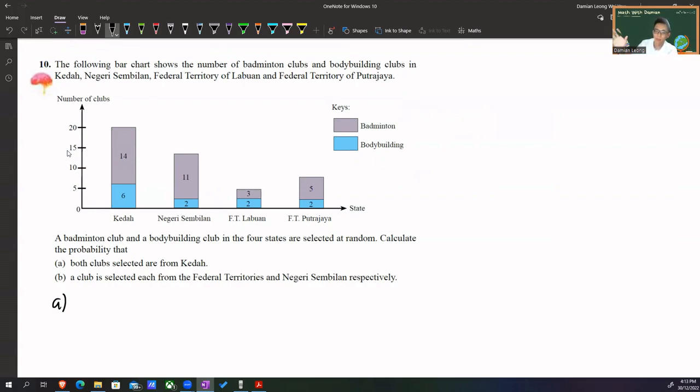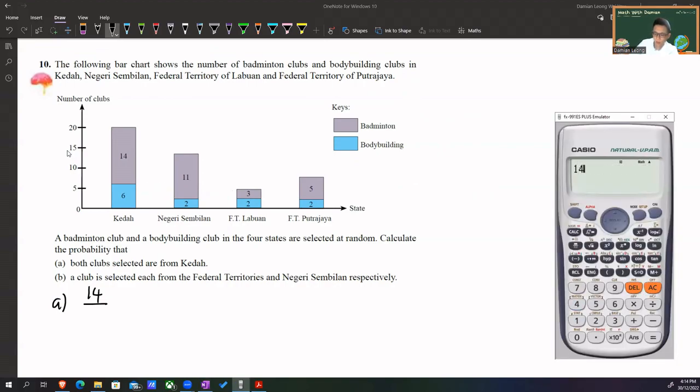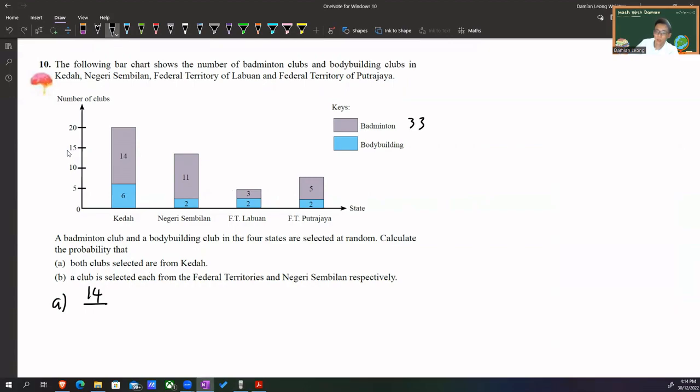So, probability badminton club is from Kedah: there are 14 badminton clubs in Kedah out of the total. I add up the total here: 14 plus 11 plus 3 plus 5 is 33. So 14 over 33.